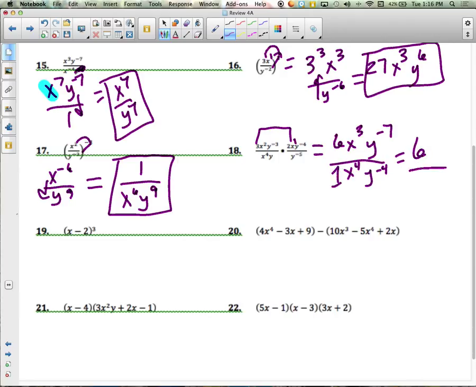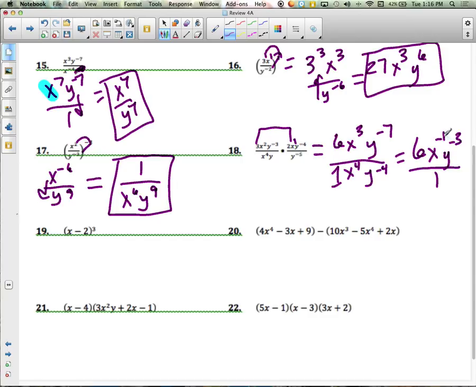Alright, so we still have the 6 in the numerator. And then on the x's, we subtract the exponents. 3 minus 4 is a negative 1. And then for the y's, we were going to subtract the exponents. Negative 7 minus a negative 4 is a negative 3. So this is what we have.